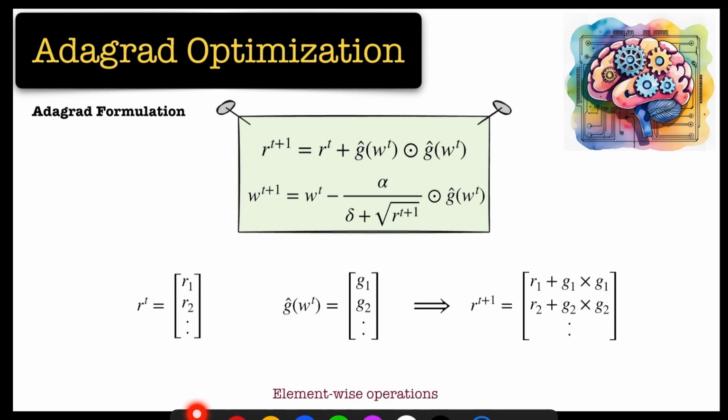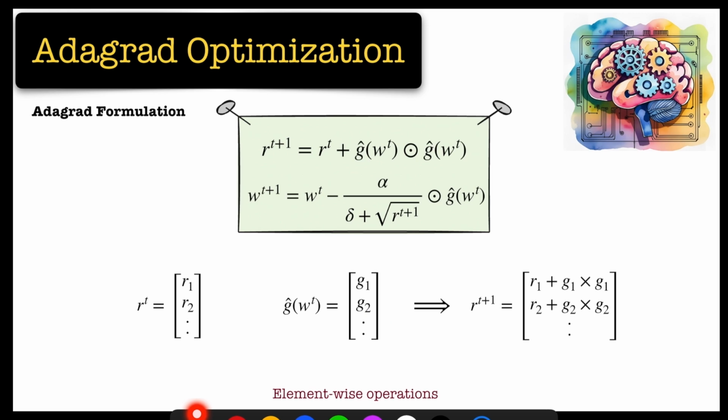Next, we compute W(t+1) equals W(t) minus alpha times the quantity delta plus the square root of R(t+1), element-wise with g hat W(t). We'll come to this later. First, see R(t): this is one vector, R1, R2 and so on. g hat W(t) is the gradient vector, G1, G2 and so on.